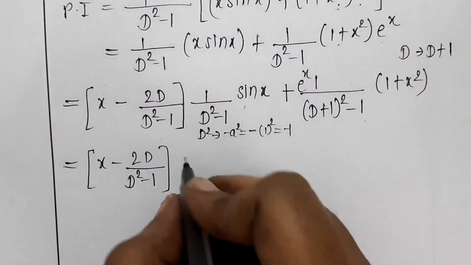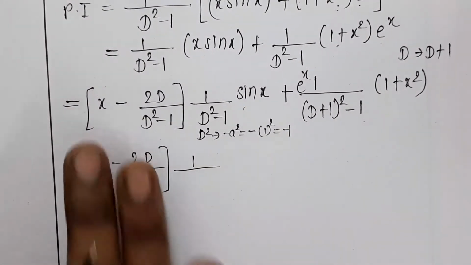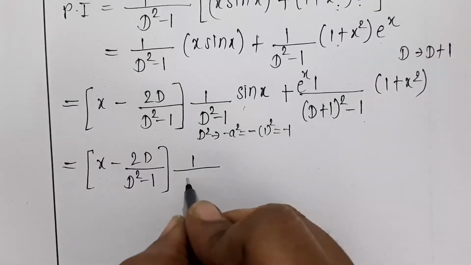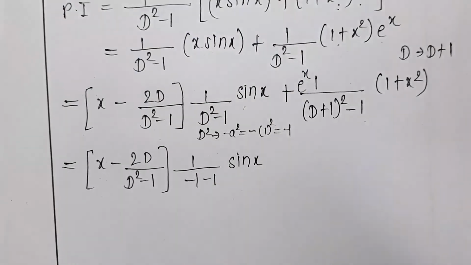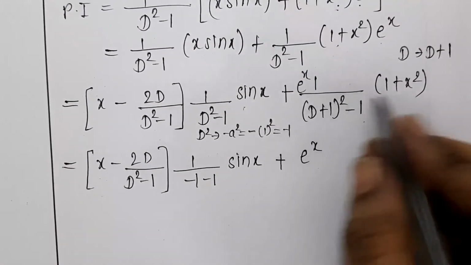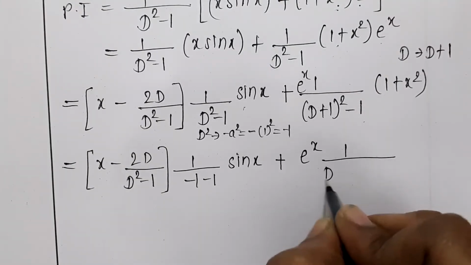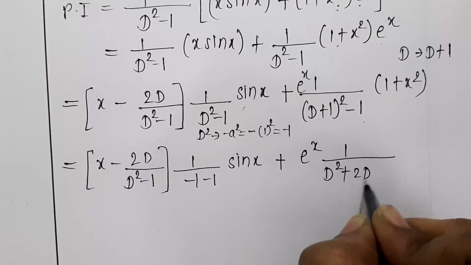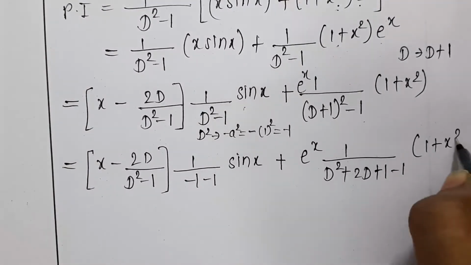So it becomes 1 upon minus 1 multiplied by sin x, plus e to the power x as it is. Simplify the denominator here: d square plus 2d plus 1 minus 1, multiplied by 1 plus x square.